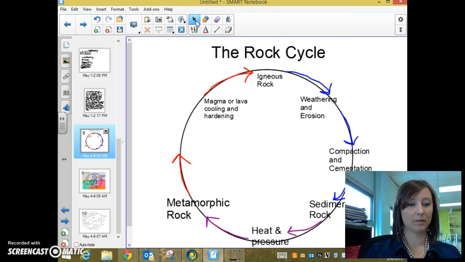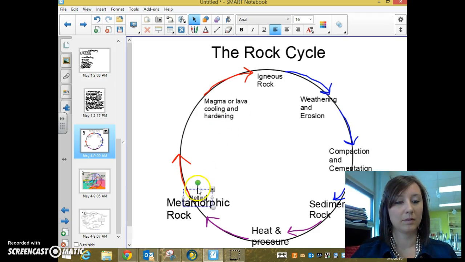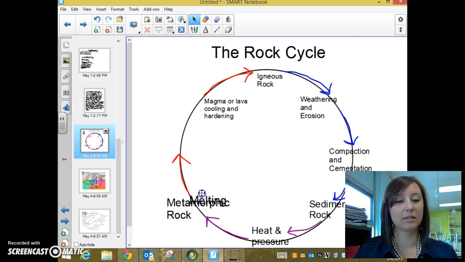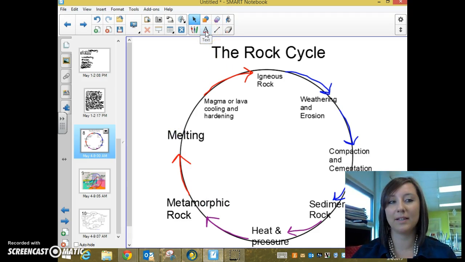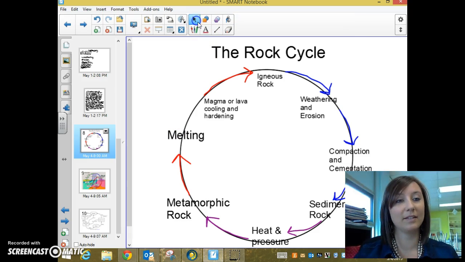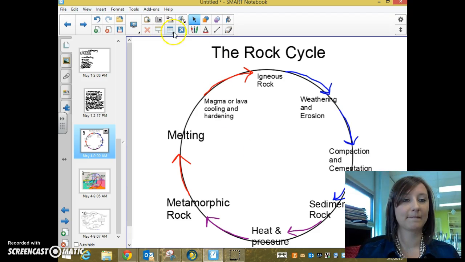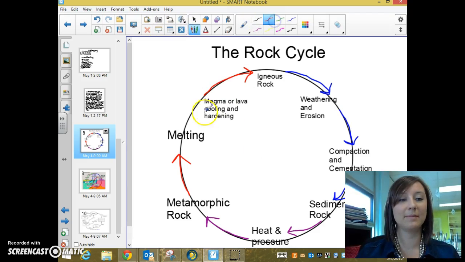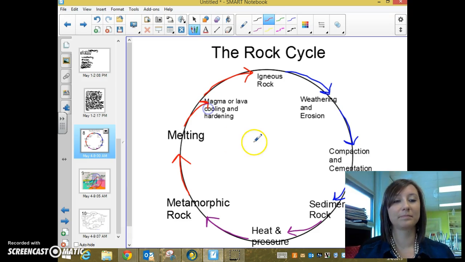Adding heat, starts to melt, and then we end up with magma or lava again. Usually in this case, we're going to end up with magma. And we are back to the beginning of our cycle.